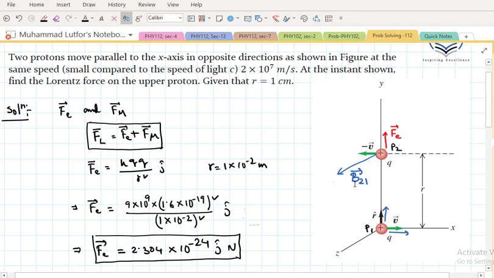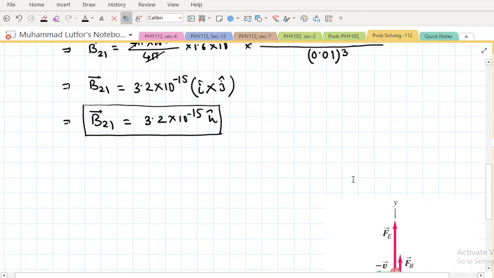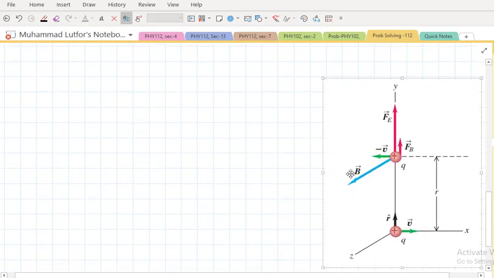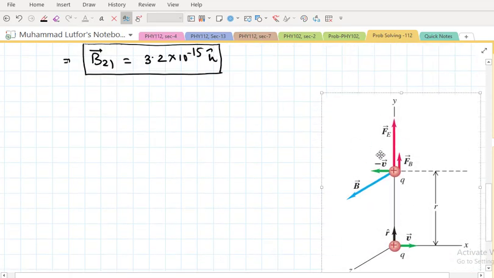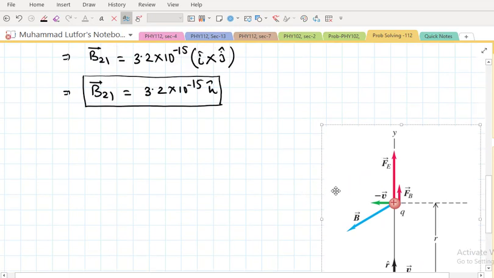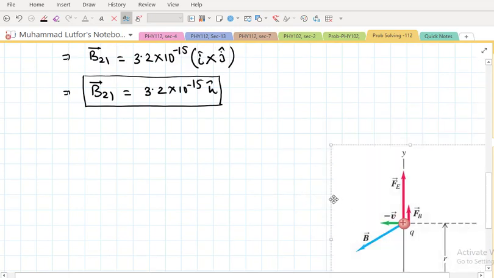So that's why the magnetic field will be towards the Z direction. This is the resultant figure. I'm going to draw that one. Fine.